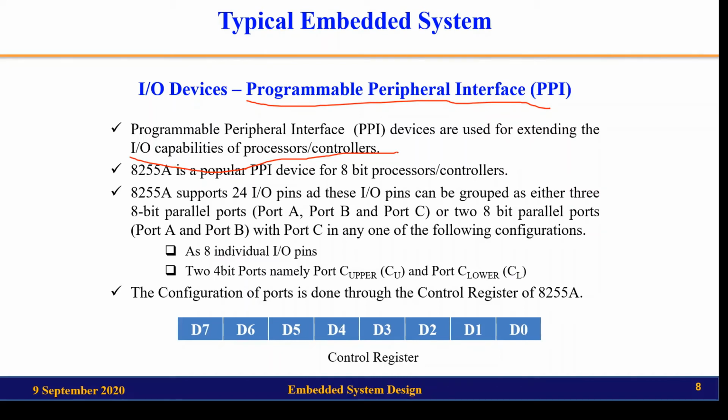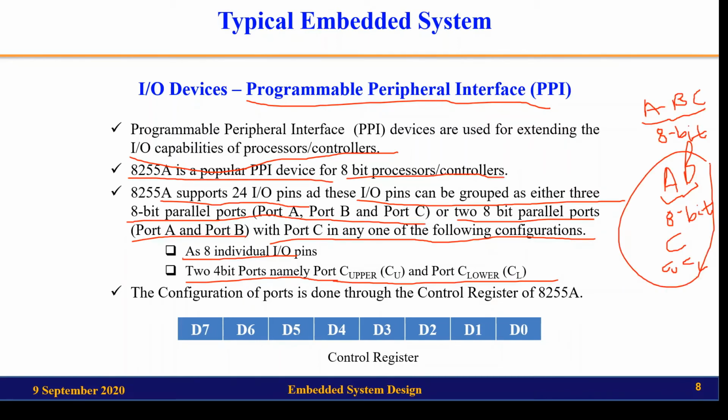So in this configuration, A, B, C are all 8-bit parallel ports, but in the other configuration, A and B are two 8-bit parallel ports, and C can be considered as 8-bit individual I/O pins, or as two 4-bit ports, CU and CL.